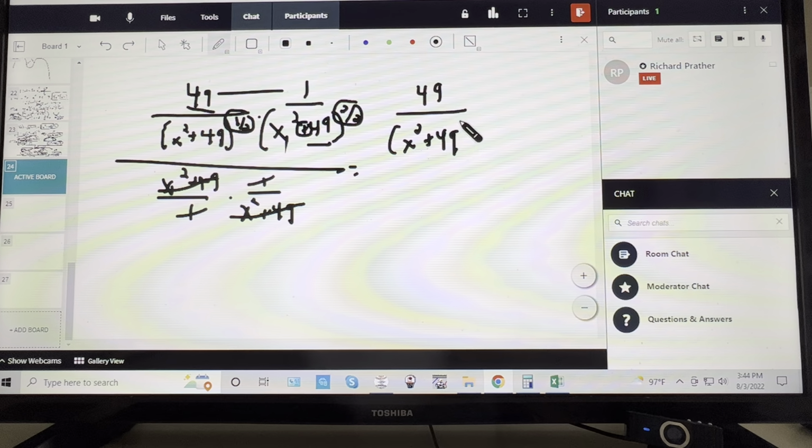So here's the final answer, 49 over x squared plus 49 to the 3/2. But I had it as x squared plus 48 because I had x squared plus 49 minus 1, but it wasn't supposed to be minus 1, it was supposed to be minus x squared.